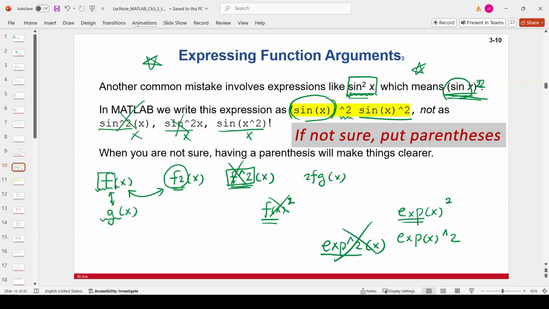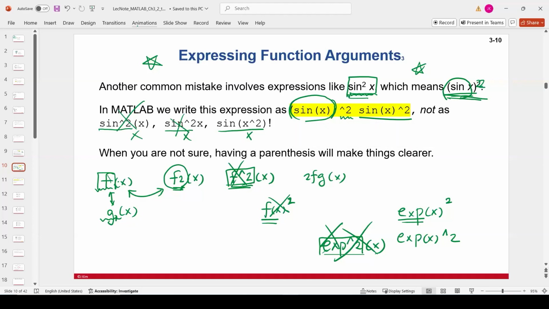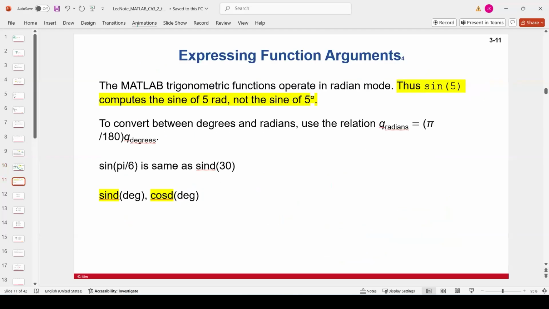So if you do it like that, that means you're basically changing the name of the function, like from f to g or f to f2. Okay, so this is not the right way to realize this in MATLAB. Okay, all right. Any questions up to here? Okay, now let's move on.